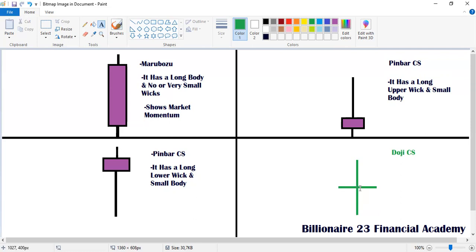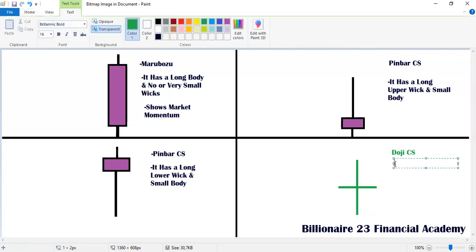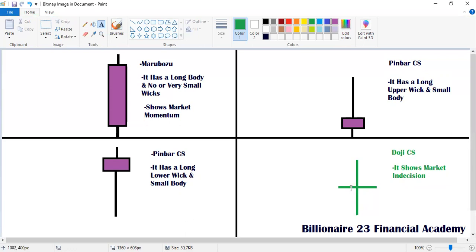For example, price opened here, went up, went down, and then closed back here. What does that mean? It shows market indecision. Whenever you see a doji, it means the people participating in the market don't really know in that moment whether they want to go up or down. So it indicates market indecision.